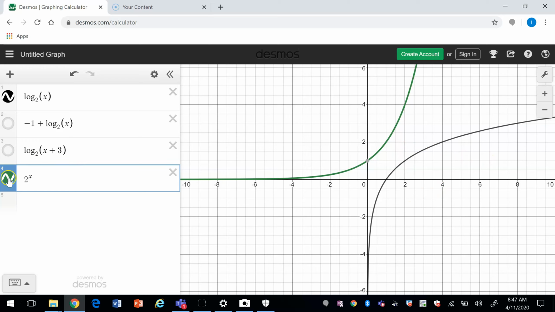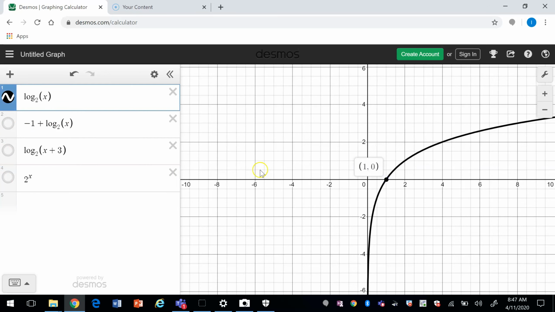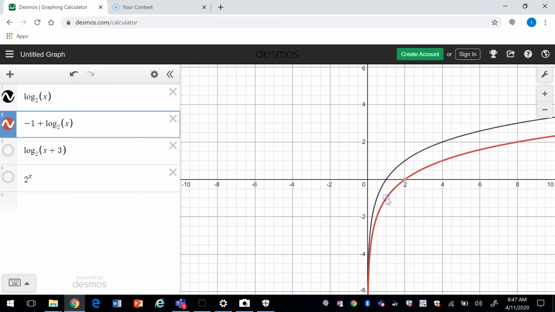So I'm going to get rid of this exponential one. And then for h of x, it says negative 1 plus log base 2 of x. So if I pick a point, let's say this point here, (1, 0). If we're adding a negative 1, let's see what happens to the graph. So if you notice the graph shifted down.